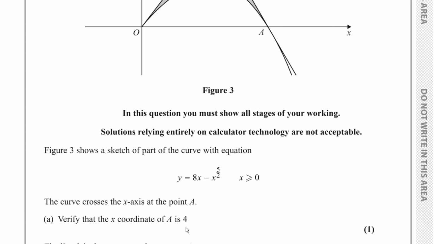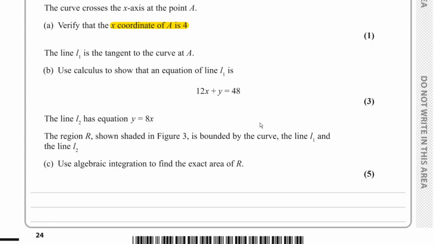So what we need to do in this question is verify that the x-coordinate of A is 4. So, replacing x with 4, the y-coordinate of A is equal to 8 multiplied by 4, subtract 4 to the power of 5 over 2. So let's work this out.